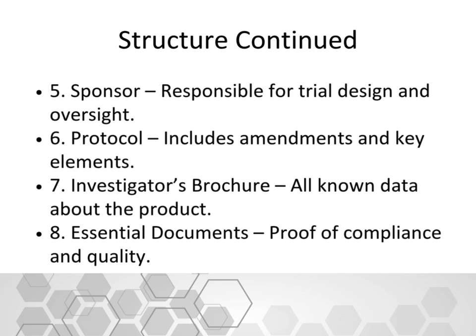Essential documents. Finally, this section lists every document that should be in place before, during, and after the trial to ensure GCP compliance and allow audit or inspection. From trial master files to consent forms to monitoring reports, these documents are the evidence that GCP is being followed.